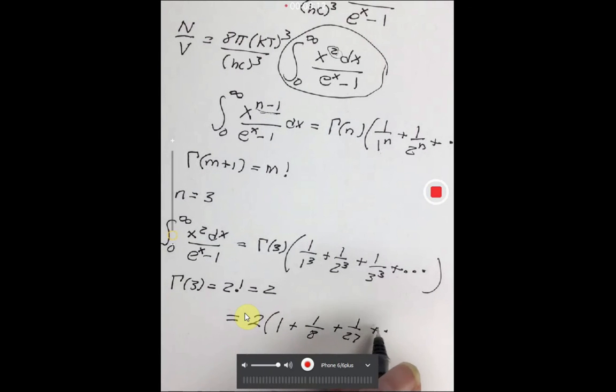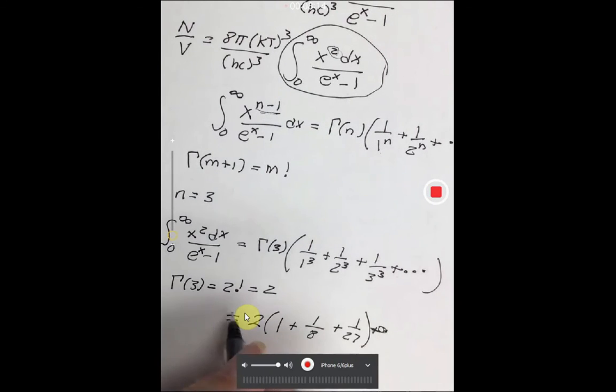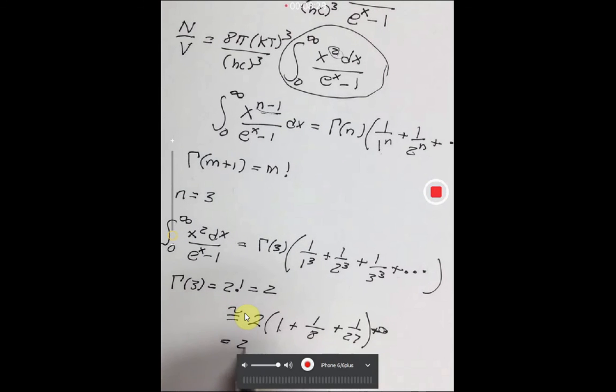But I'm going to stop there. And I'm going to say this is approximately equal to this. So if you add up 1 plus 1/8 plus 1/27, you get 1.16. So you get 2 times 1.16, and we'll just leave it like that for now. Okay, so that's the integral.